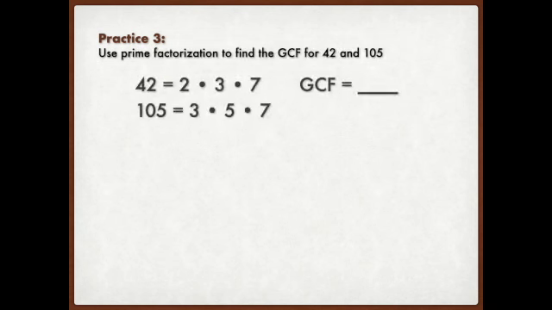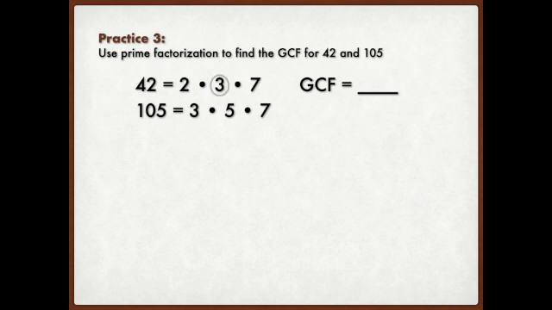Let's practice. Practice 3: 42 and 105. If I do the prime factorization, for 42 I get 2, 3, and 7. For 105, I get 3, 5, and 7. So what are the common factors? The common factors are 3 and 7.